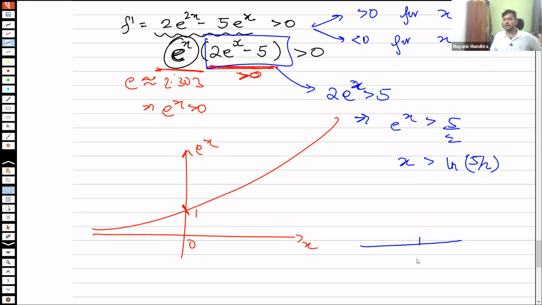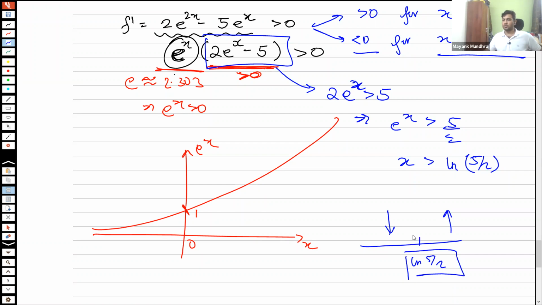Plus, I see that at log 5 by 2, to the left, for x less than log 5 by 2, my function is decreasing. To the right, it is increasing.